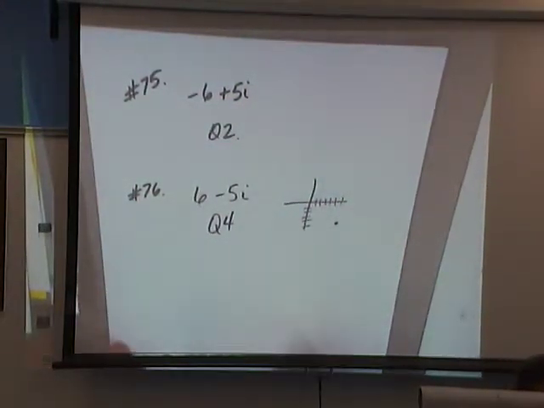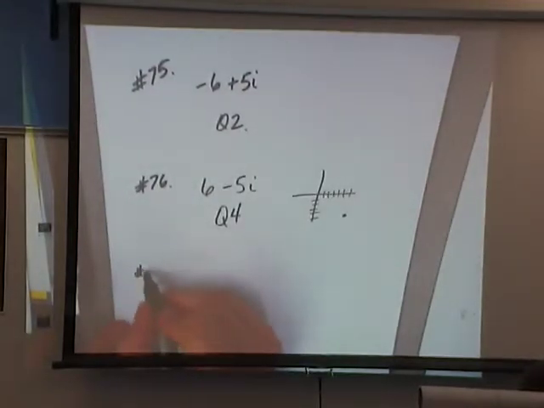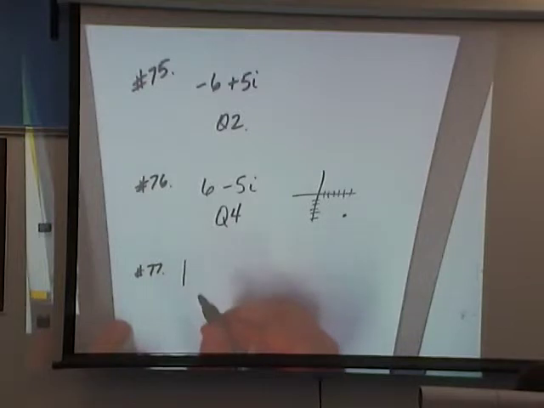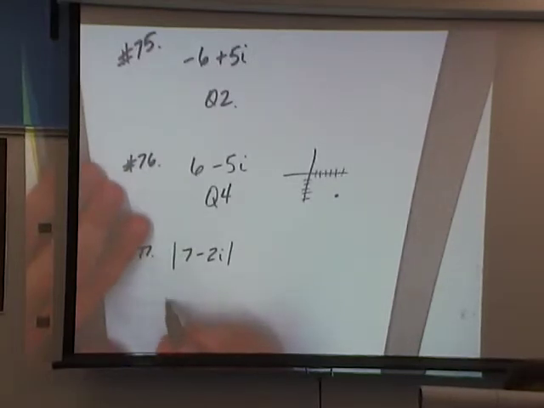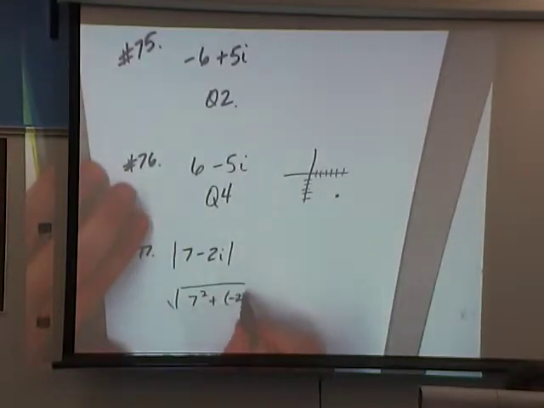All right, 77. They want us to take the absolute value of a complex number. There's a little formula for this. It's going to be the square root of 7 squared plus negative 2 squared.